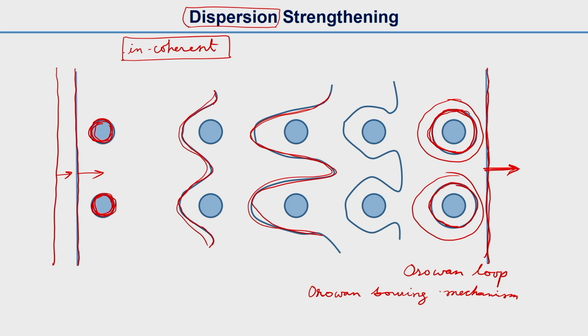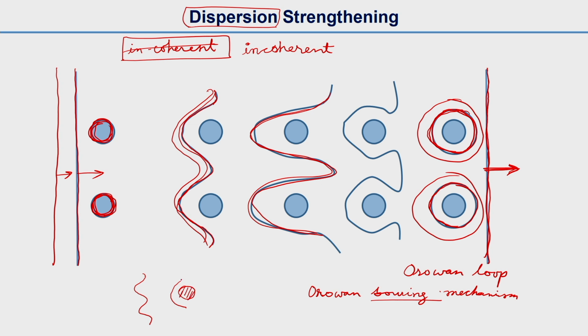Sorry, incoherent is not a separate word separated by a dash. So incoherent, this is the correct word. And also when I talked about the bowing mechanism, I said that this is the bow, but generally, bowing here simply means a shape like this. So don't confuse that.